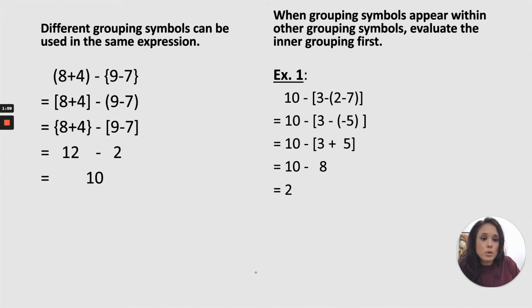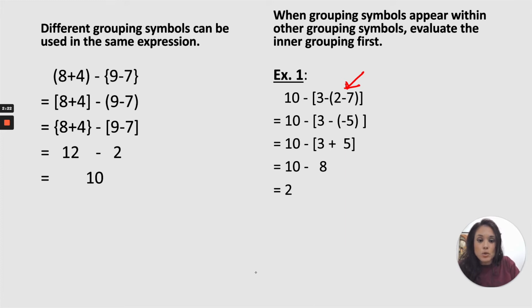When grouping symbols appear within other grouping symbols, you want to evaluate the inner grouping first. So here we have a set of parentheses and a set of brackets. You are first going to evaluate what is inside of the parentheses. So you are going to find 2 minus 7.